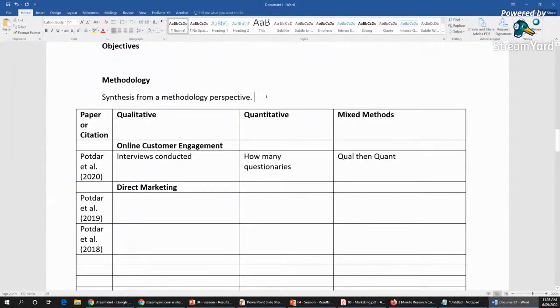You have to think about what value it is going to add. What information would researchers get by looking at this kind of representation? One thing that I could think of is you can compare different studies, qualitative versus quantitative versus mixed, and inform your readers, hey, look at this.